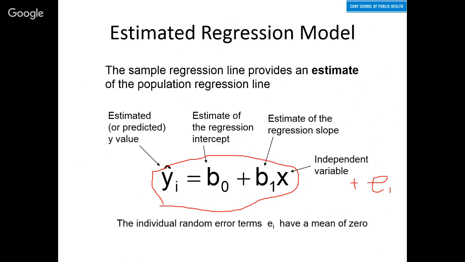You don't have to add on the e_i. But they do exist as part of the relationship between the observed x and observed y. You should add on to here, though, the subscript i.